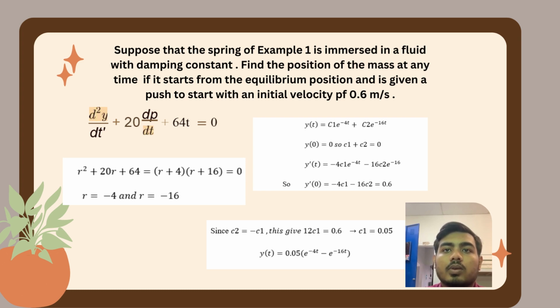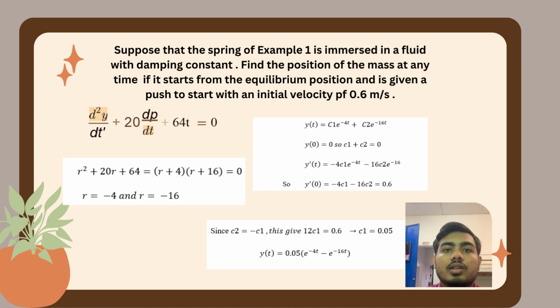y prime(t) equal to negative 4 C1 exponent negative 4t minus 16 C2 exponent negative 16t. So y prime(0) equal to negative 4 C1 minus 16 C2 equal to 0.6.